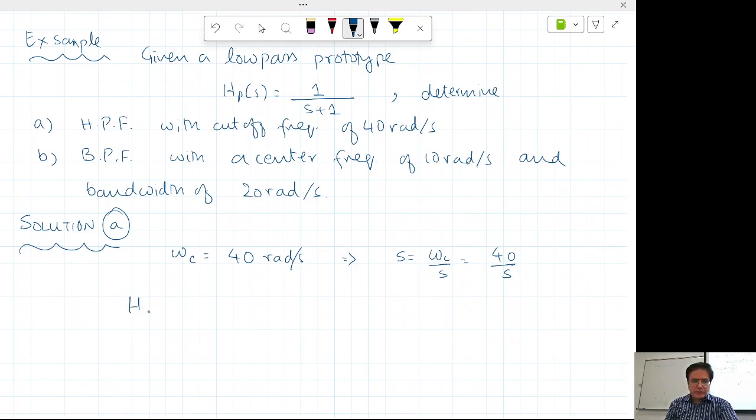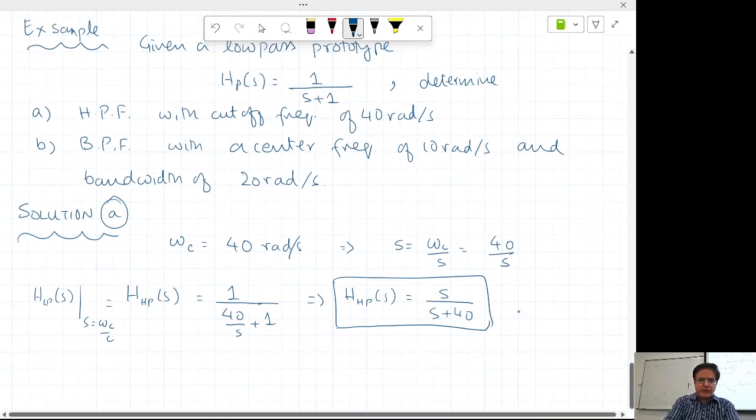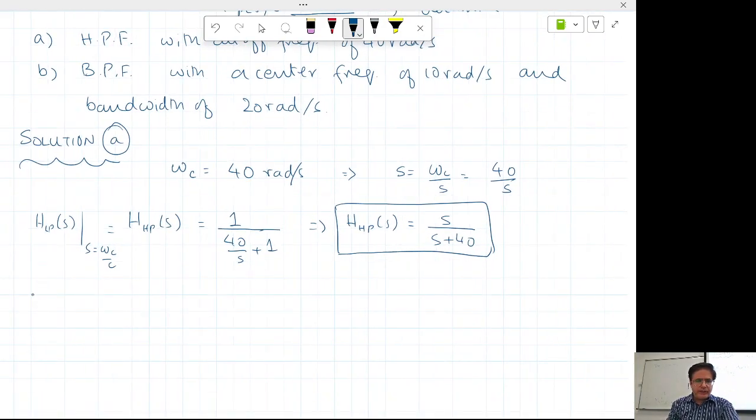So we start with the Butterworth filter and replace s with 40 over s. So we have 1 over 40 over s plus 1, and then you can simplify this to s over s plus 40. Clear? All good? Okay. Let's look at part B.